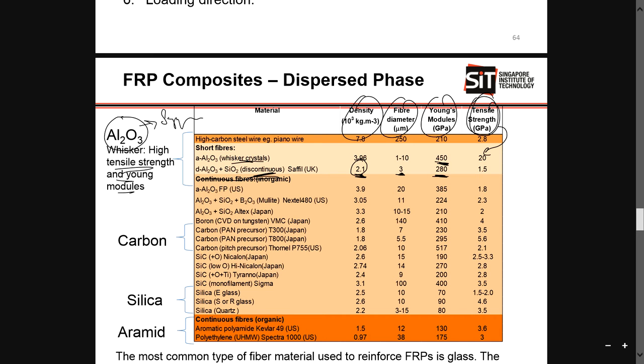Same thing over here: this is carbon, this is silica, but take note that there is E-glass, S or R, which are the same thing, so it's the glass. A more expensive one is called quartz. Then aramid. Just take note, sapphire is a very expensive material and it takes a lot of heat, so it's a good heat resistant material, so to speak.